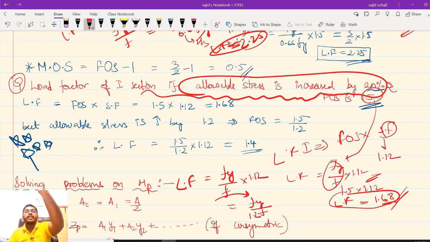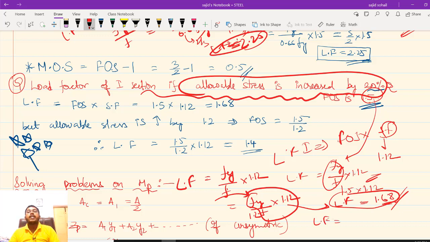I can write it as Fy by 1.2F into 1.12. मुझे ये चाहिए. I know Fy by F into 1.12 अभी तो calculate किया था, 1.68 है. So the load factor whenever you are increasing the permissible stress or allowable stress by 20% is nothing but 1.68 divided by 1.2, which will be 1.4. I hope you are getting it right. ऐसे questions थोड़े tricky रहते हैं. You have to concentrate. Very important question.